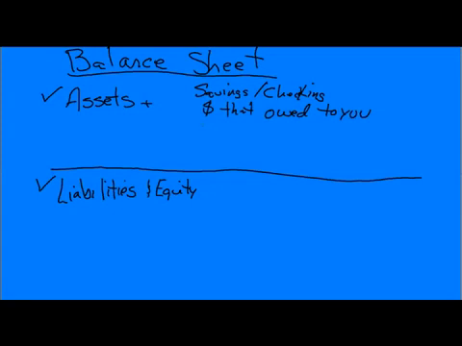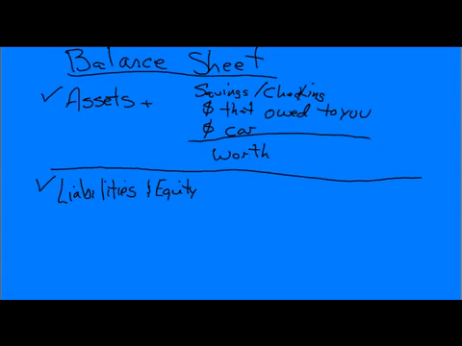Could be a car. Let's say you had a car that was paid for, and that car was worth, say, $7,000. So that dollar amount would be an asset for your car. Jewelry collection, money collection, whatever. All those kinds of things add up. And in a business, that could be inventory, it could be your non-depreciated value of office furniture, things of that nature. But an asset, generally speaking, is something that is a positive. It is your worth. It is the business worth. How much money does the business have?